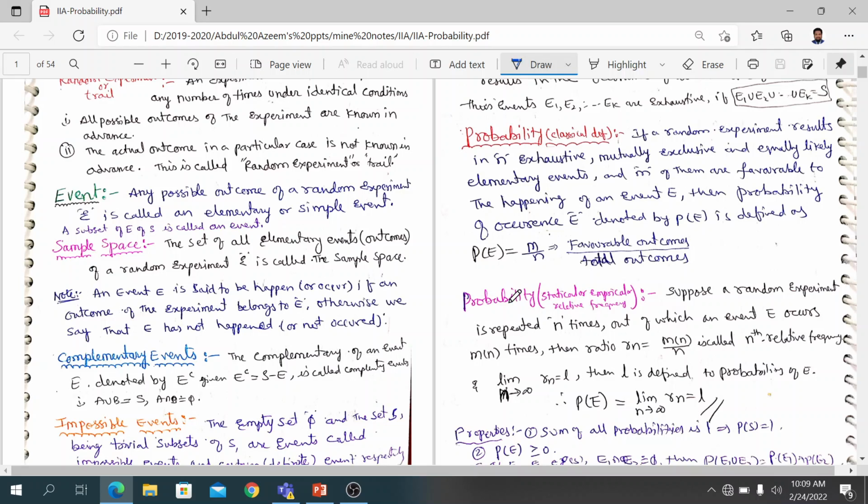Another definition is P(E) is equal to the limit as n tends to infinity of r_n by n, equal to L.